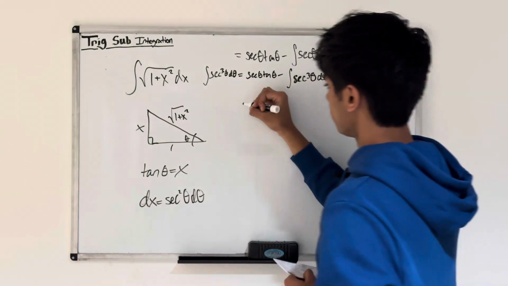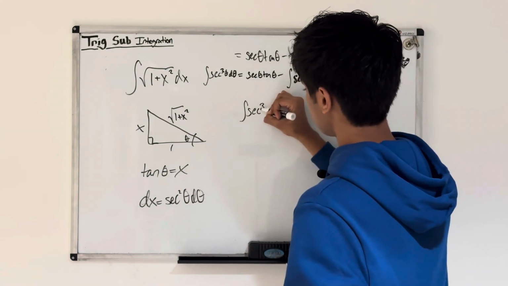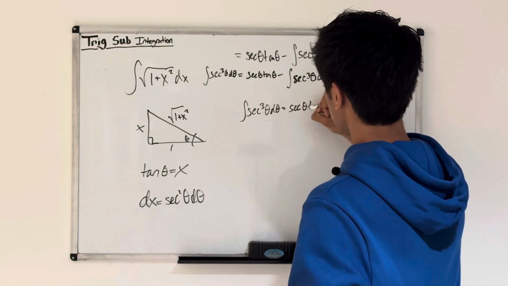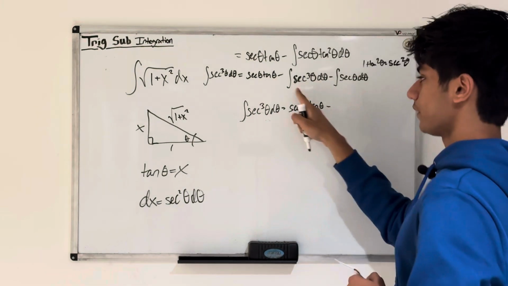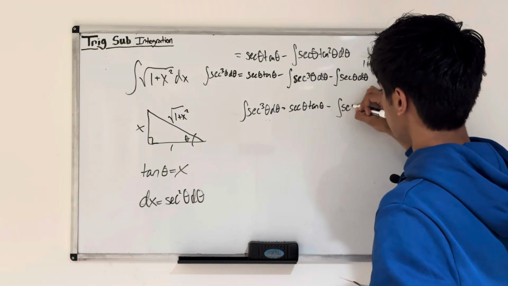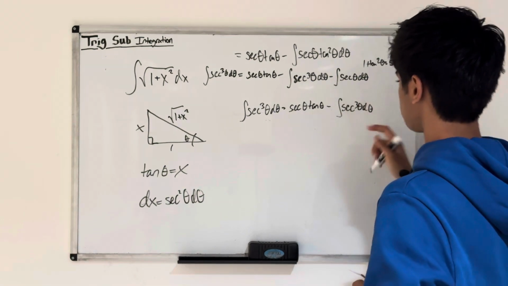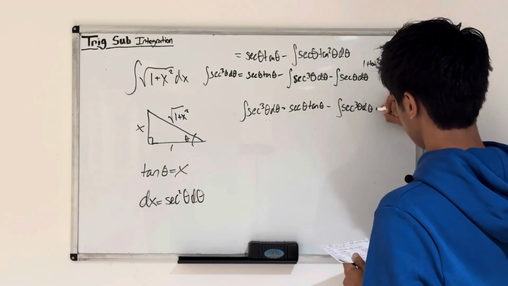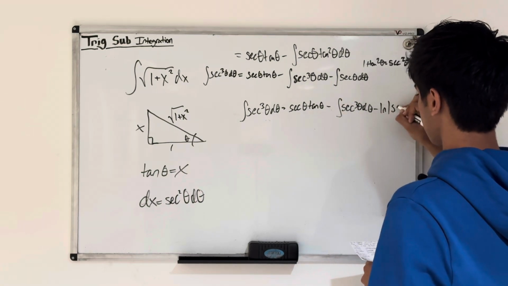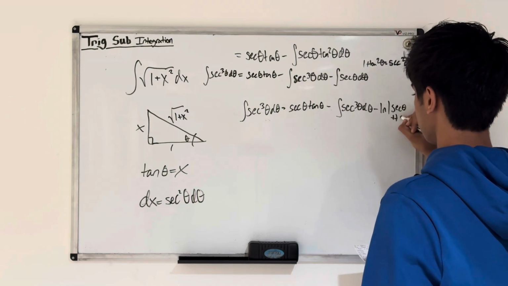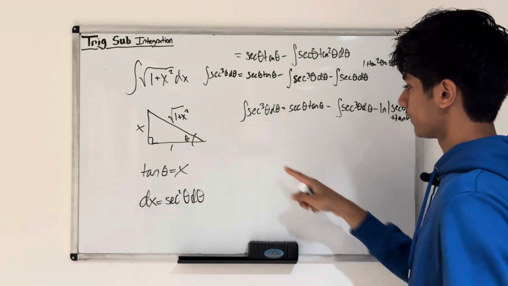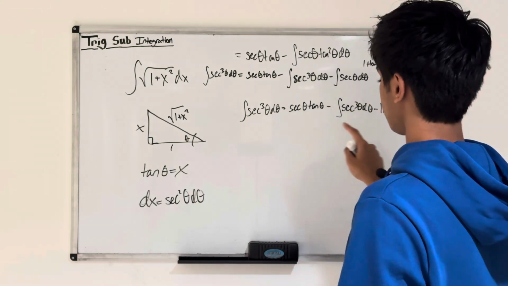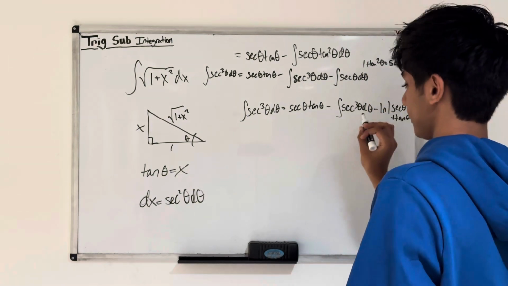From here we see that the integral of secant cubed theta d theta is equal to secant theta tan theta minus, again, the integral of secant cubed theta d theta, minus the integral of secant theta, which we know to be the ln of secant theta plus tan theta. So you can see that we have the integral of secant cubed theta d theta on both sides, the same thing.